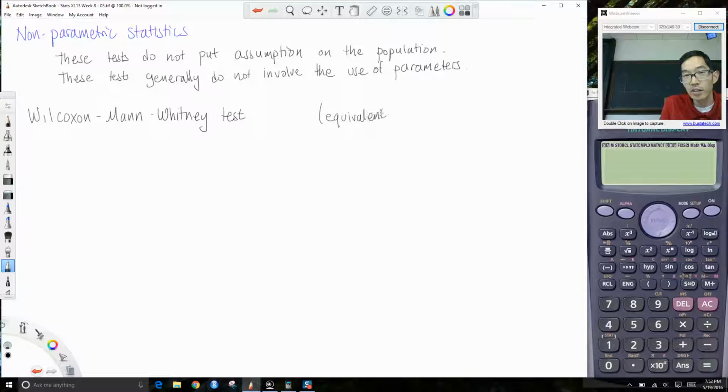The process is different, but essentially the conclusions of the Wilcoxon Mann-Whitney test will be equivalent to the conclusions of the Wilcoxon rank sum test, in a similar way that confidence intervals for mu1 minus mu2 will produce a similar conclusion as a t-test for two independent samples.